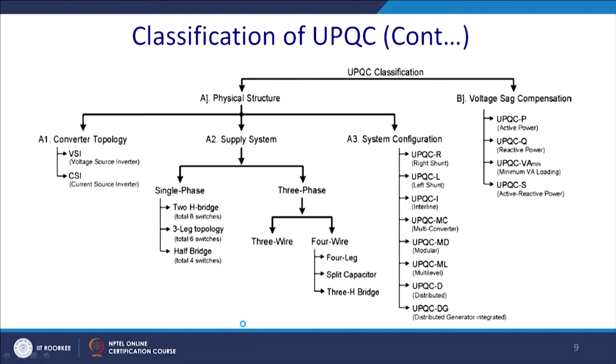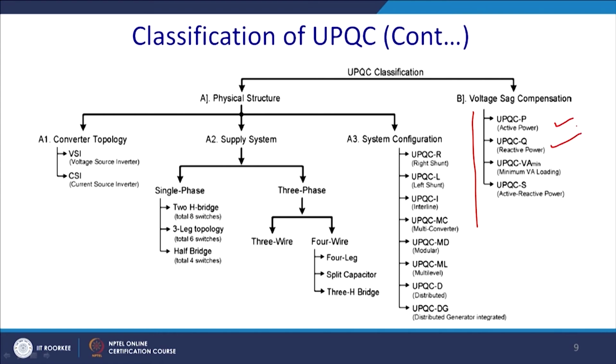Students are requested to actually keep this slide in their mind. So, one is physical structures, another is voltage source combinations. The best classification is based on the physical structure as well as the voltage source combinations. If it is UPQC-P, it will inject only real power.